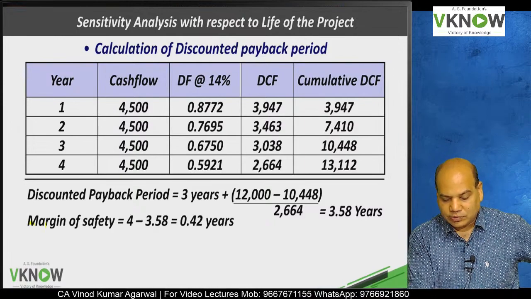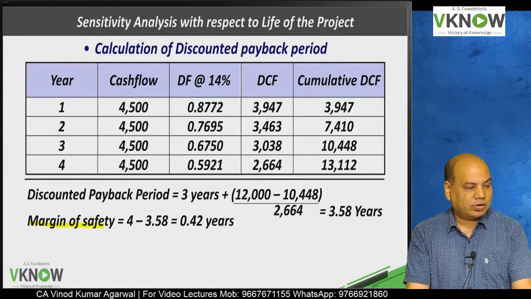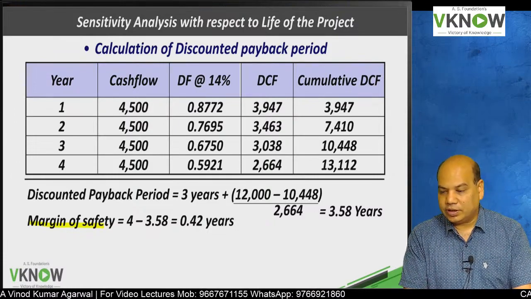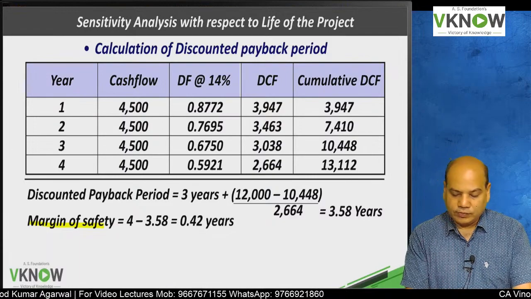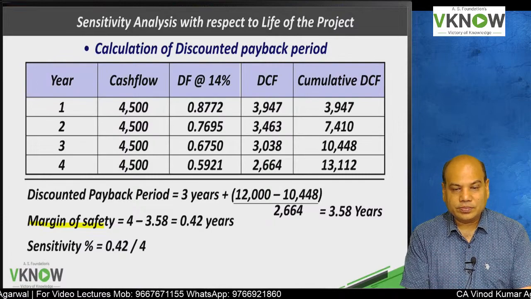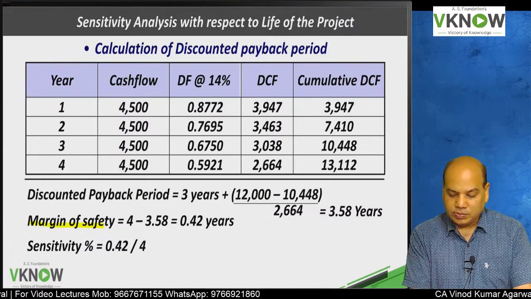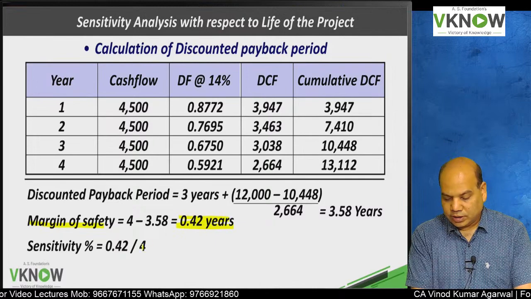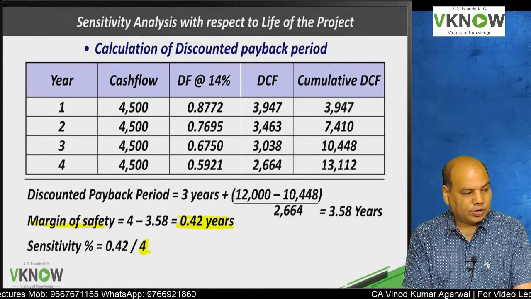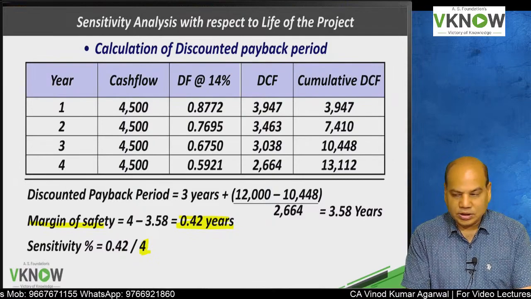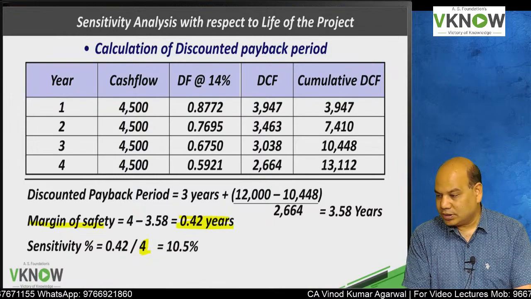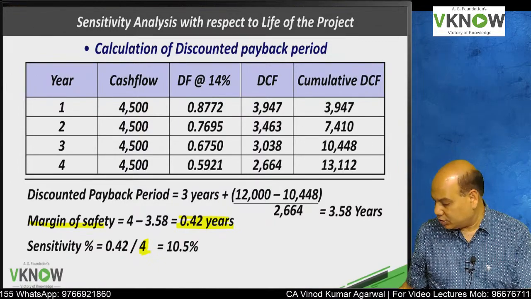Therefore write down margin of safety. 4 minus 3.58 is equal to 0.42 year, and therefore sensitivity percentage will be 0.42 divided by original estimated period 4. 0.42 divided by 4 into 100. 10.5%.